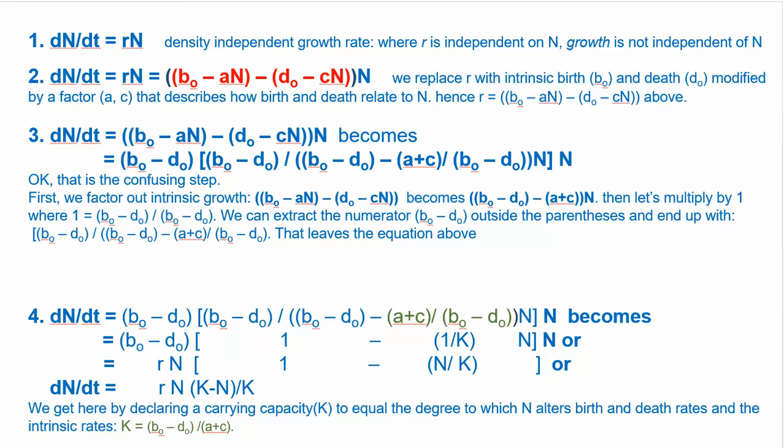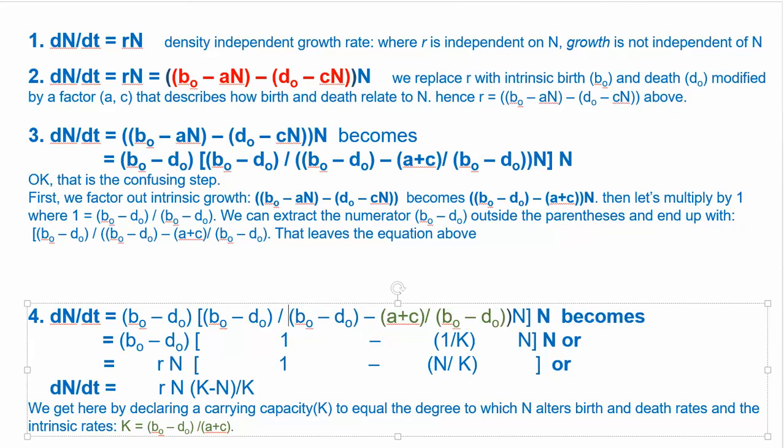1, which is up above on equation 4 there, r times, and I think I have an extra parentheses in there, maybe I can take that out, 1 minus 1 over K times n, with n outside the whole parentheses. That's carried all the way up from equation 2 on down.